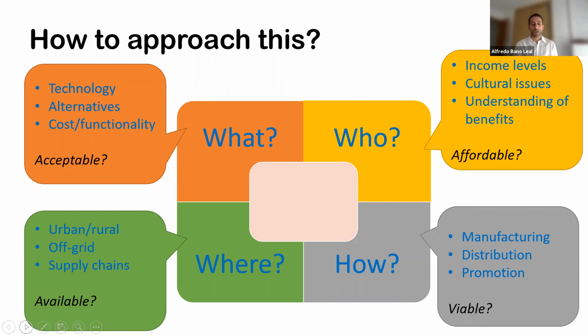There's been a lot of work. It has been relatively successful, in the sense that it was focused mostly on biomass efficient stoves, but it appears that now that the electricity grid is being expanded, people have more access to electricity. They already start accessing the LPG supply chain markets as well.